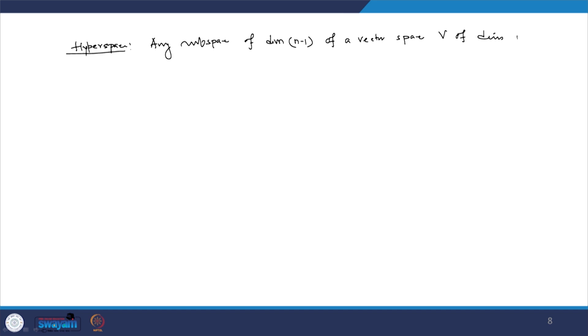So, now let me introduce one terminology called hyperspace. Any subspace of dimension n minus 1 of a vector space V of dimension n is called a hyperspace.